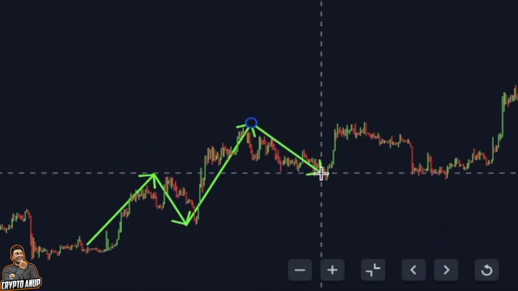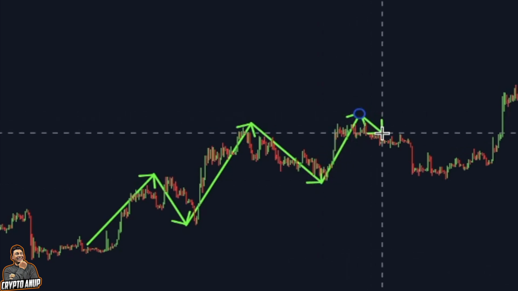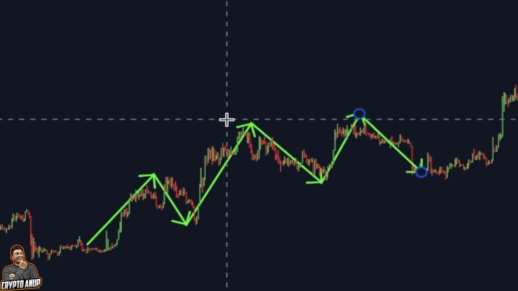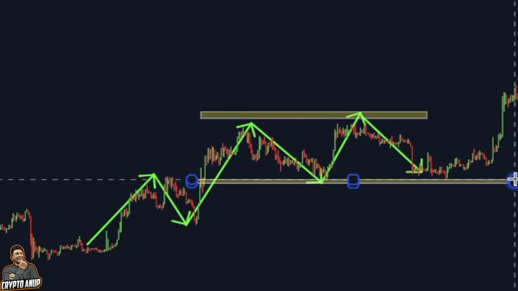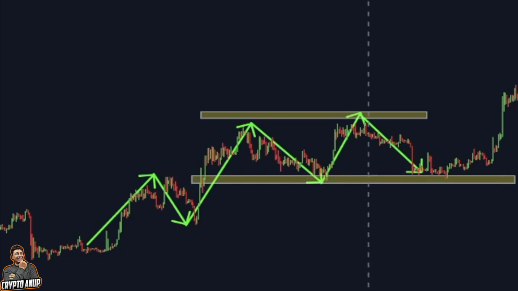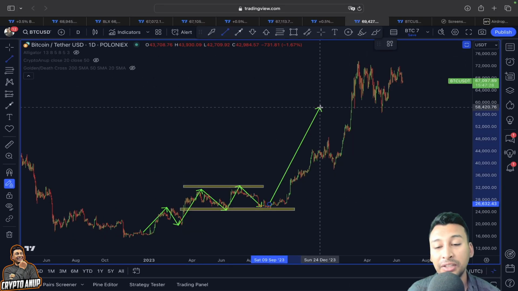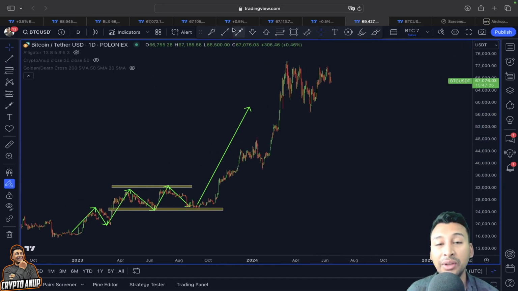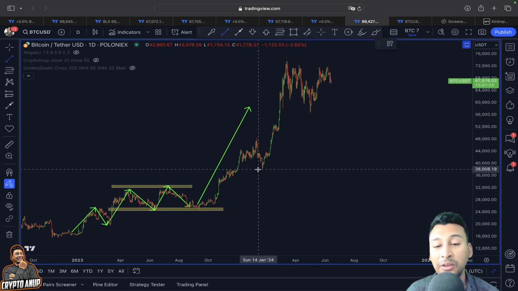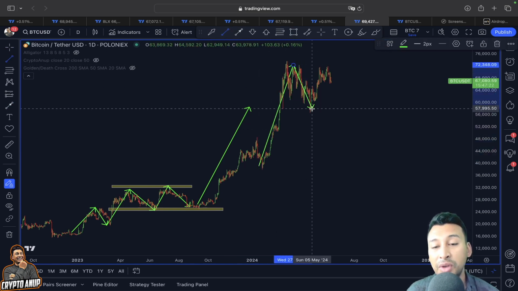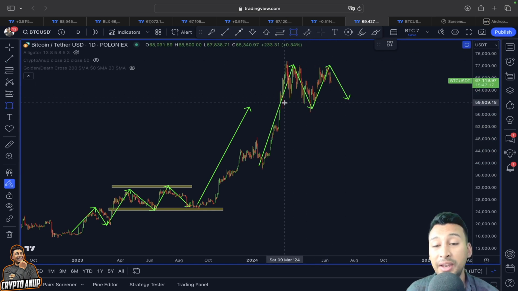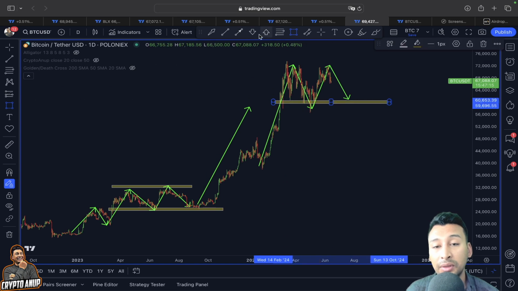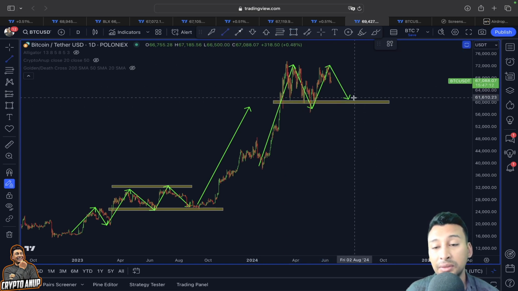We had a very nice impulsive move, another corrective move, and the price formed a double top type of formation before heading towards this neckline, before starting with an actual bullish move. So in our case, this might be another continuation, price forming a double top, getting attracted towards this neckline, and after that a move like this.